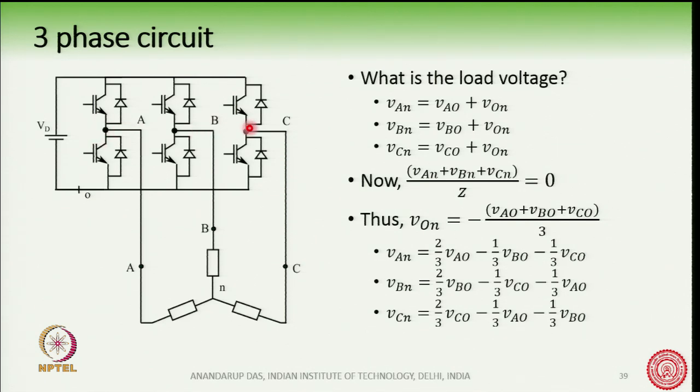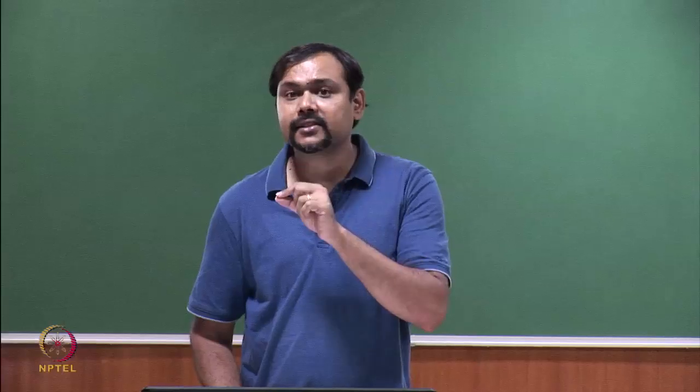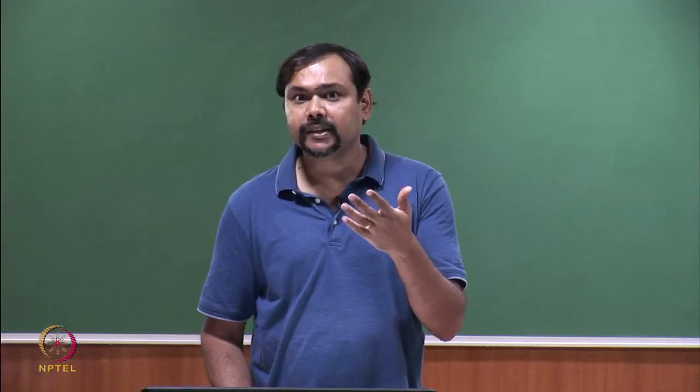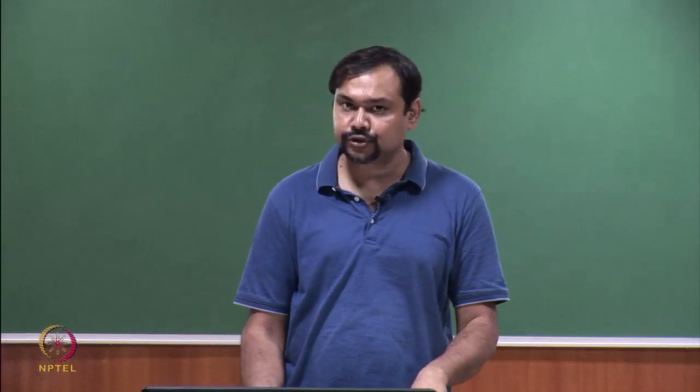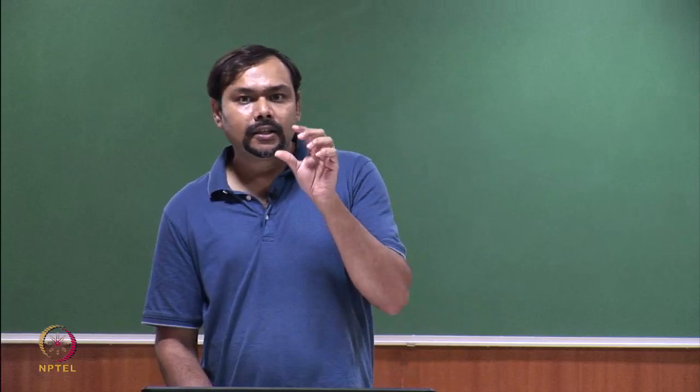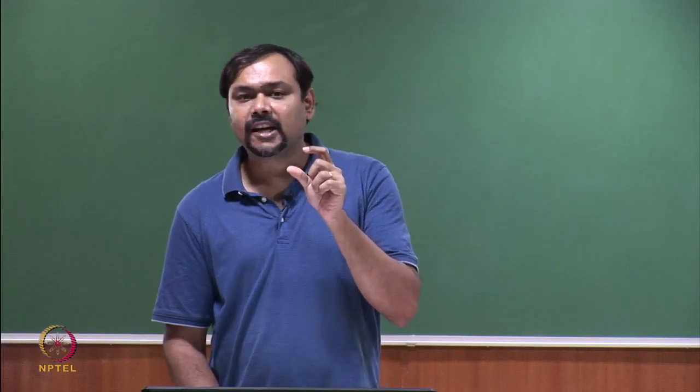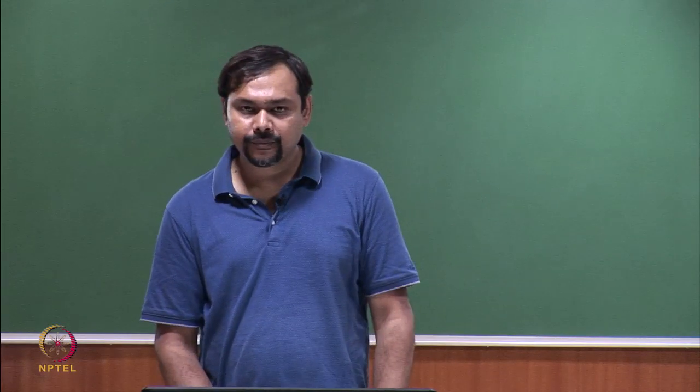For example, if there was a synchronous machine connected to the 3-phase load here, synchronous machines produce sinusoidal voltages. And if it is a perfectly balanced sinusoidal voltage that is produced by the synchronous machine, the instantaneous sum is always equal to 0.